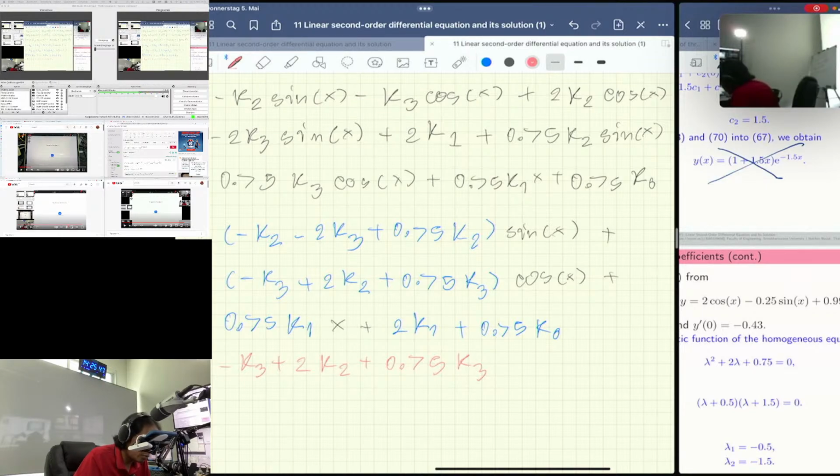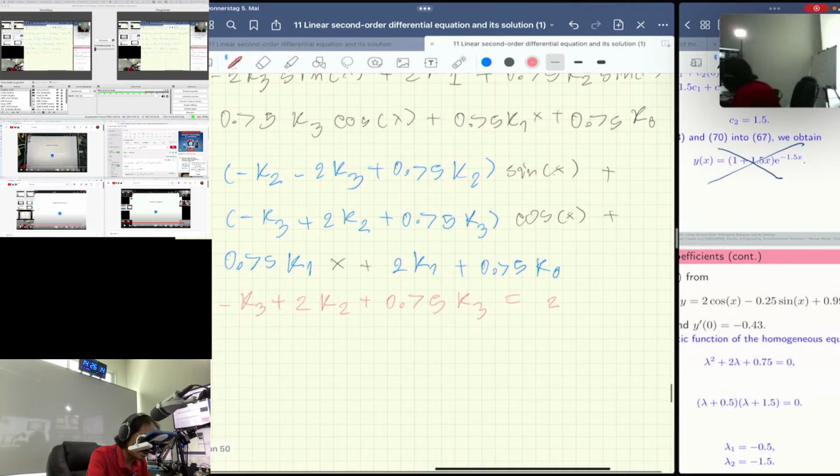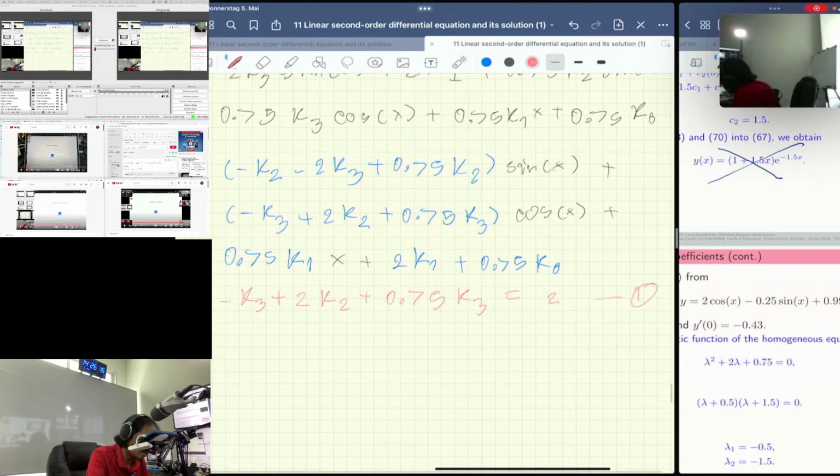It's negative 0.25 k3. Just leave everything like that. And it should be equal to this one, number 2. And that's the first equation, or you can simplify it later.